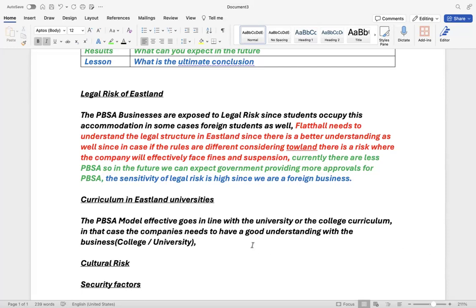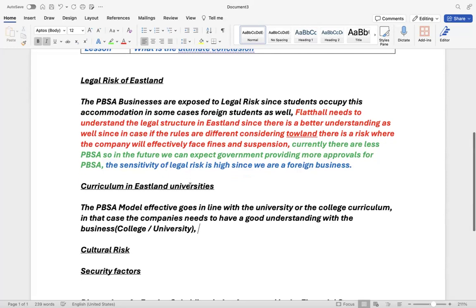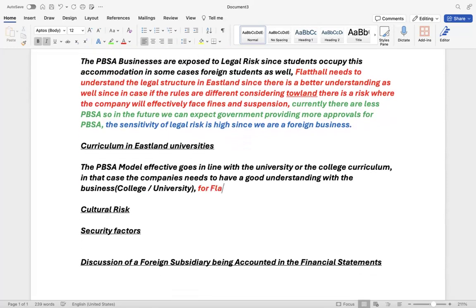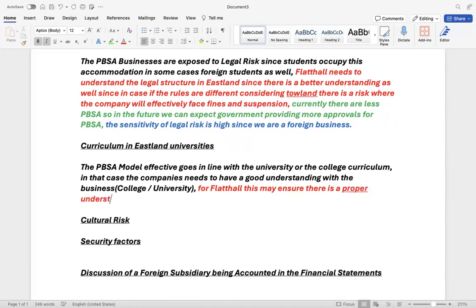So also I can just write down here, for Flatthall, this may ensure there is a proper understanding of the business to forecast their cash flows and revenue.